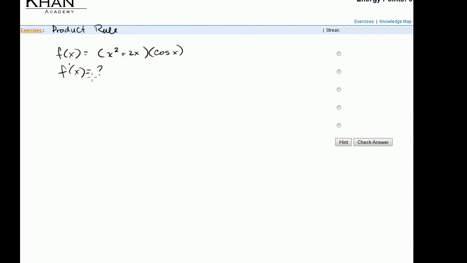And so the first hint we could say is f prime of x is equal to, okay, we should use the word product rule.